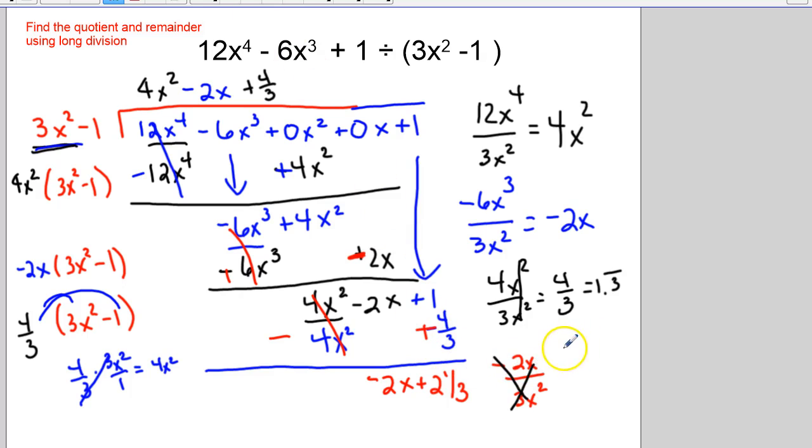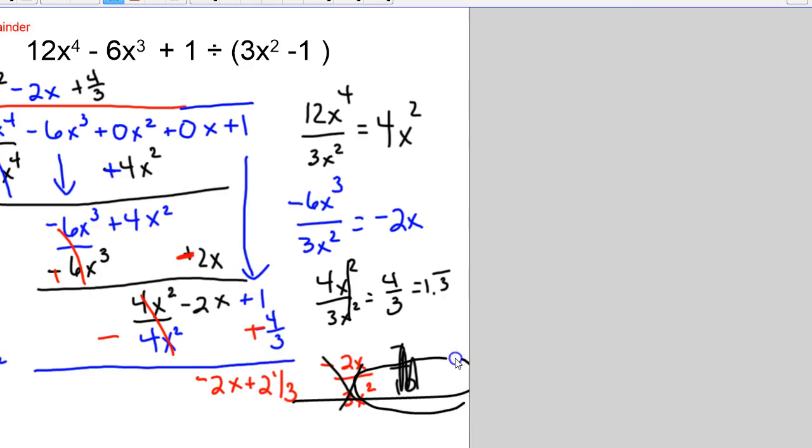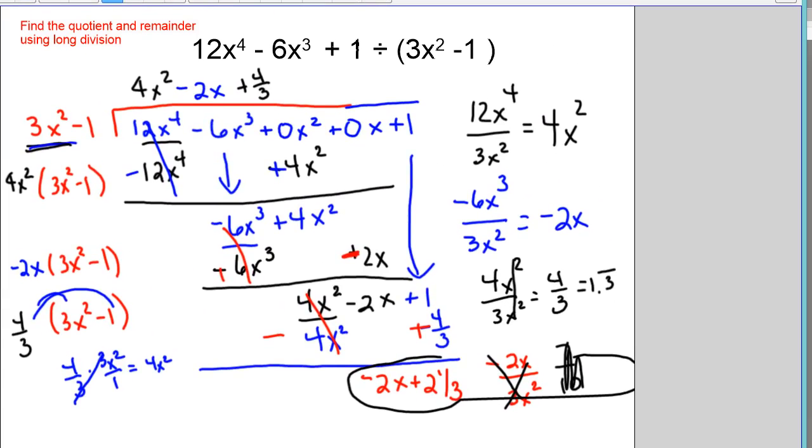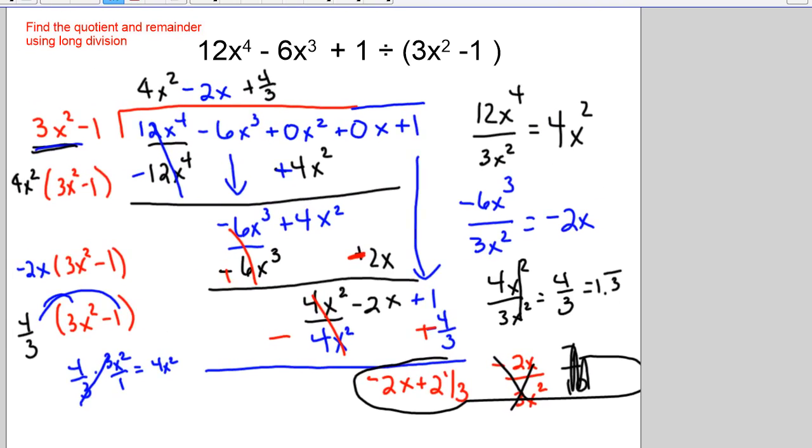That would be like me trying to divide 7 by 10. That won't work either. So this is my remainder. Oh, sorry about that, guys. That's my remainder. So I end up with a remainder of negative 2x plus 2 1/3.